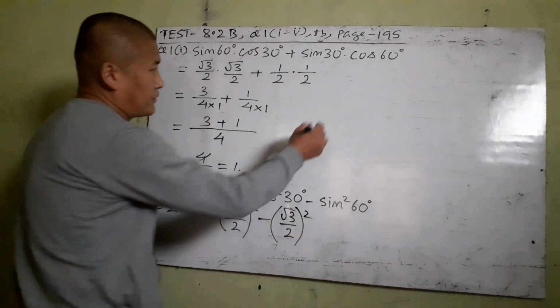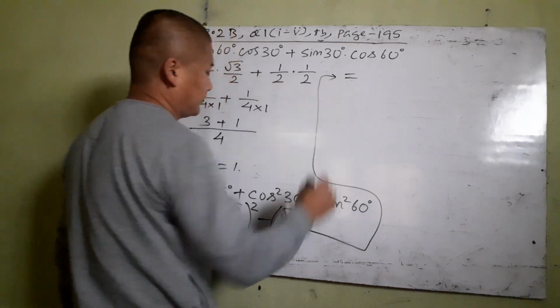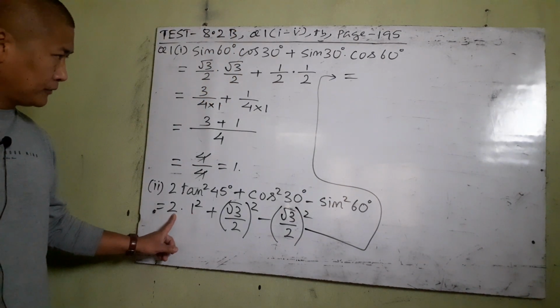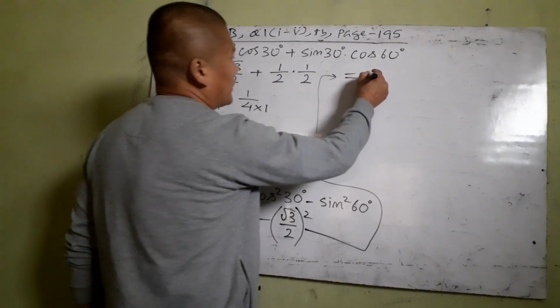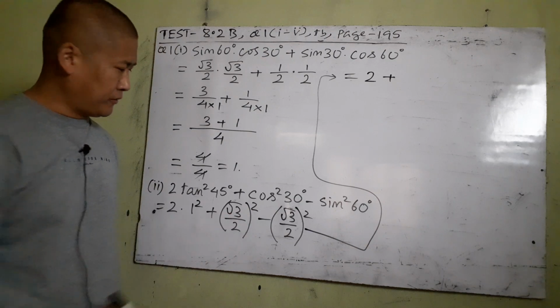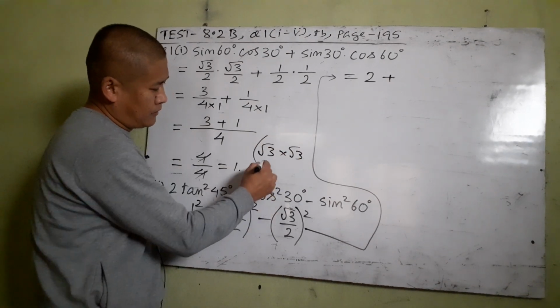Then the next step we can write here, equal to, coming from here, 1 1s are 1, 1 square, so 1 into 2 is 2, so we write it 2, plus here root 3 square we know is simply root 3 into root 3, which is equal to 3.